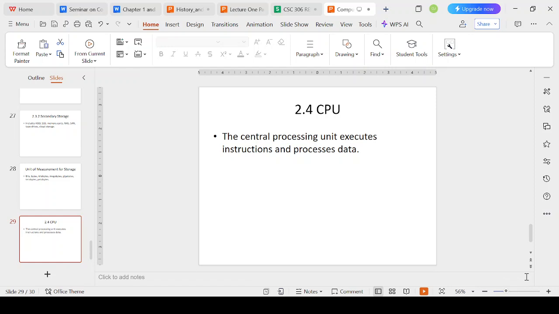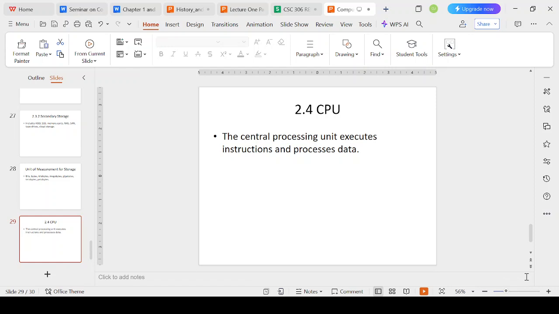The CPU is simply the central processing unit, which is inside the system unit. Inside the system unit, the major device you will see there is what we call the motherboard. In the motherboard, you will see a tiny chip that is called a processor.